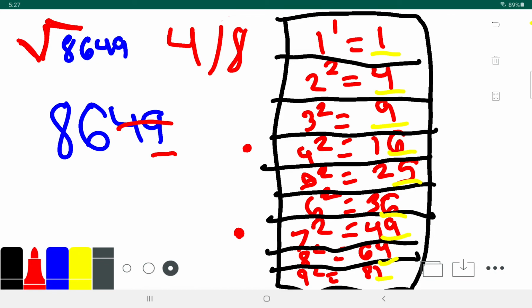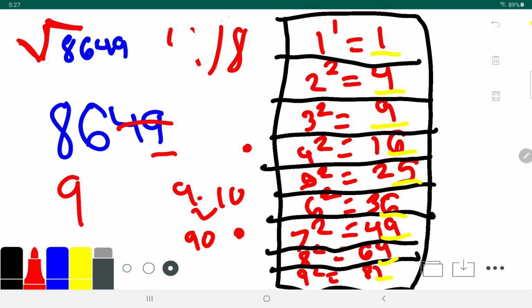So 9 is our first number. So we're going to do 9 times 10, which is 90. Now, since 90 is greater than 86, we are going to use the number that is, oh wait, sorry.